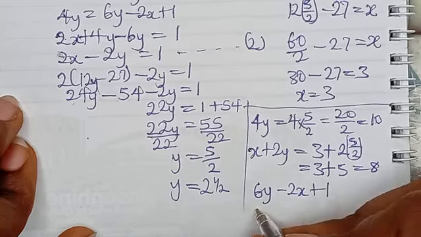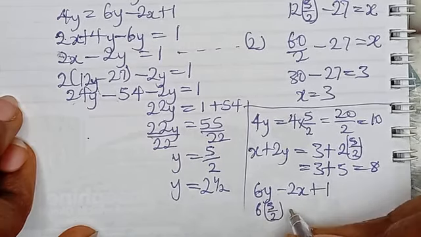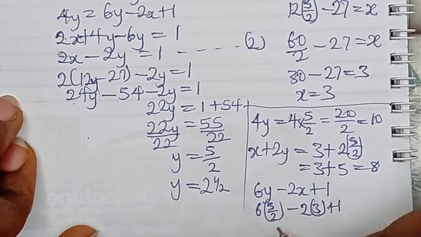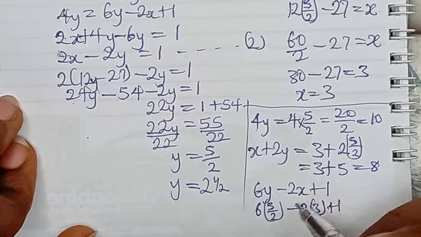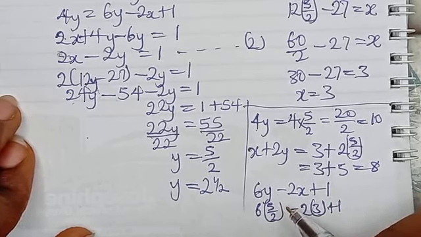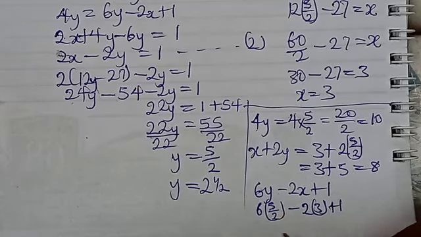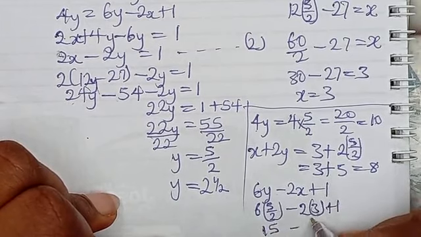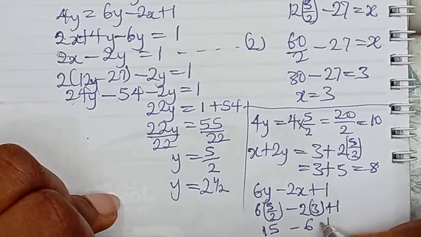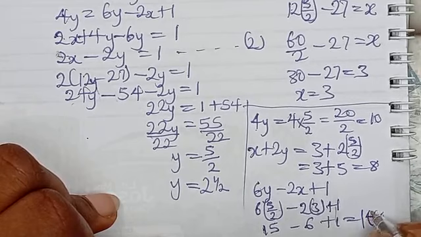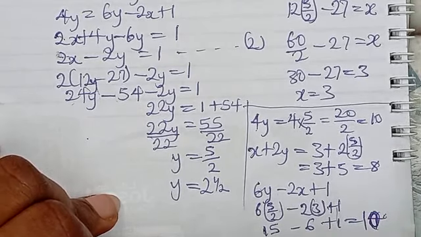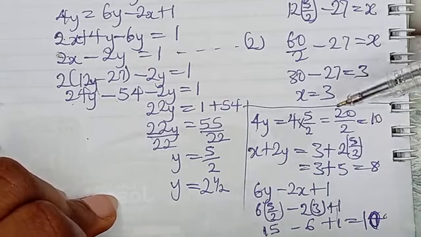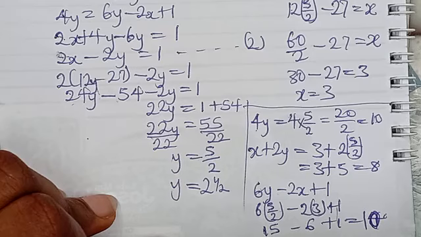For this part, we have 6 into y is 5 over 2 minus 2x, which is minus 2 times 3 plus 1. 6 times 5 is 30. 30 divided by 2 is 15. So we are checking whether 15 minus 2 times 3, which is 6. 15 minus 6 is 9 plus this one is equal to 10. Therefore, the sides of the triangle are 10, 10, 8, and everything we got is equal. That is x is equal to 3 and y is equal to 2.5.